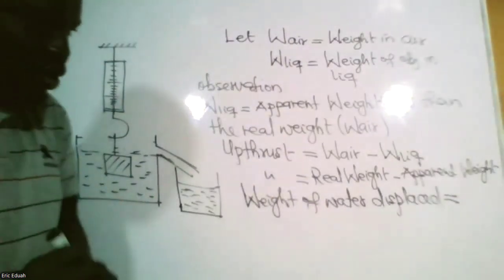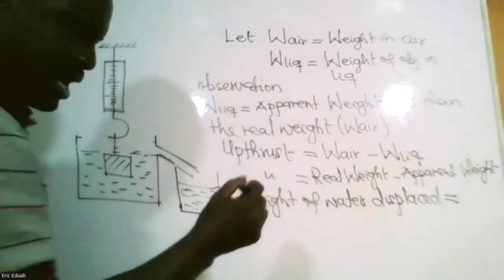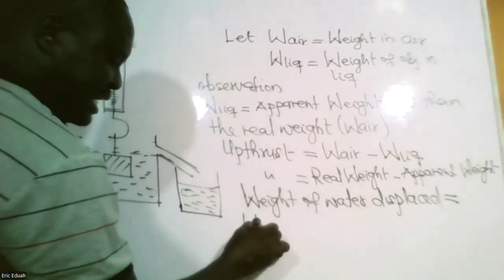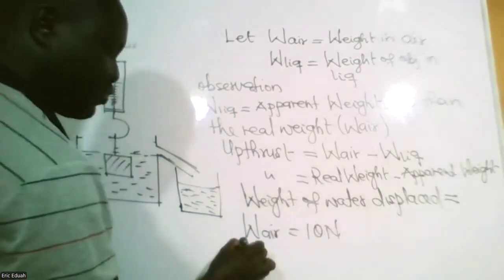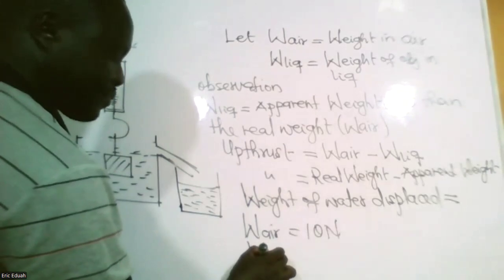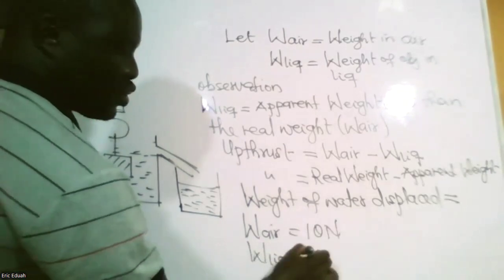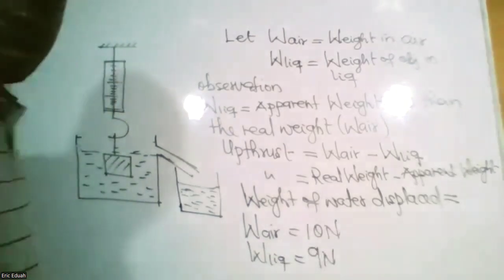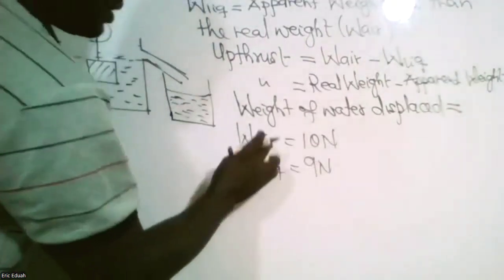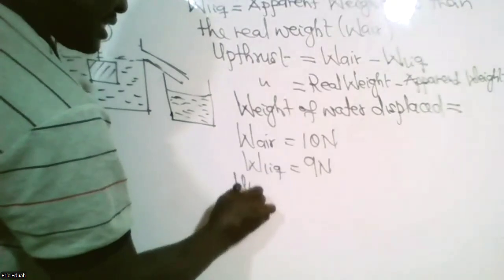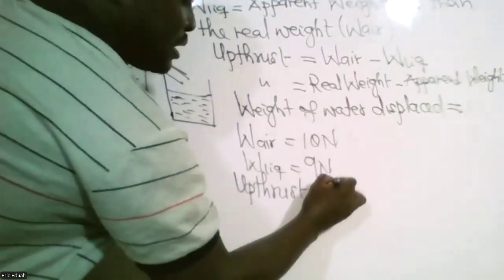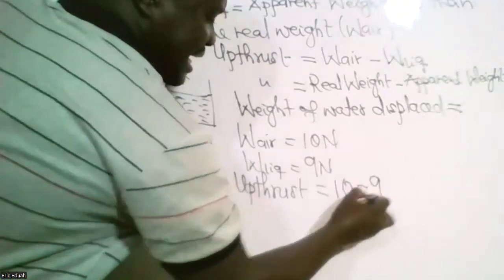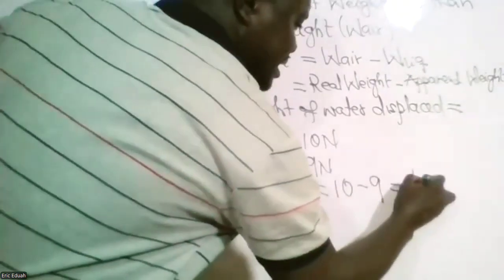So maybe assuming the weight in air of the object is 10 Newton, then weight in liquid is 9 Newton. It will be observed that the difference between these will give us the upthrust. So the upthrust will be equal to 10 minus 9, which is 1 Newton.